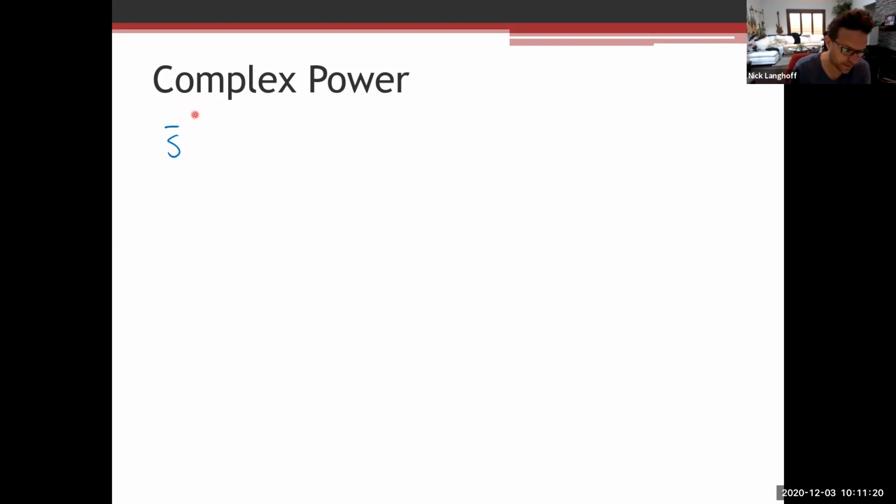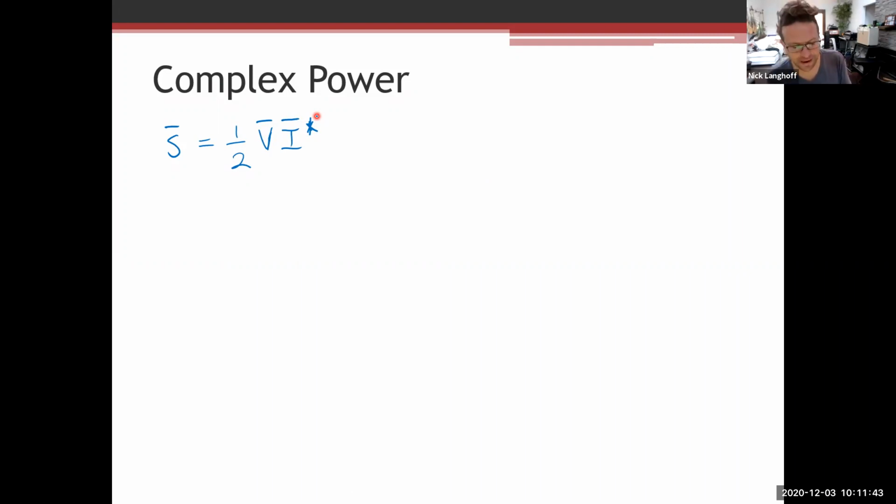We'll note that S, the complex power, so we're writing it as a phasor, is defined as 1/2 the phasor voltage times the complex conjugate of the phasor current. Okay, and there's a reason why it's defined that way.